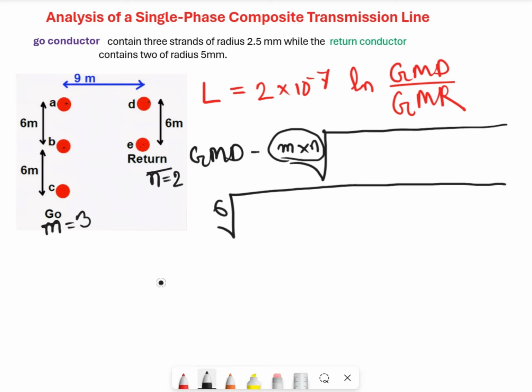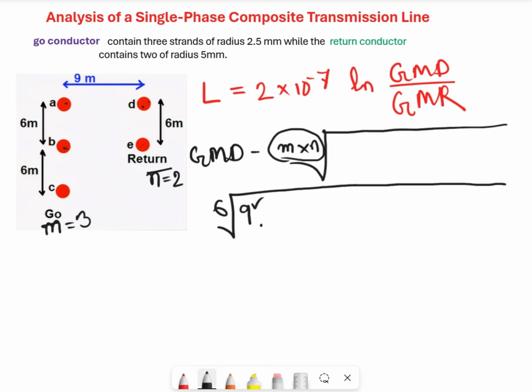Under the root will be 6 different distances. The very first distance from A to D and B to E, these are the same distances. That's why we have to write the 2 together within a square. So the distance is 9, so it will be 9 square.